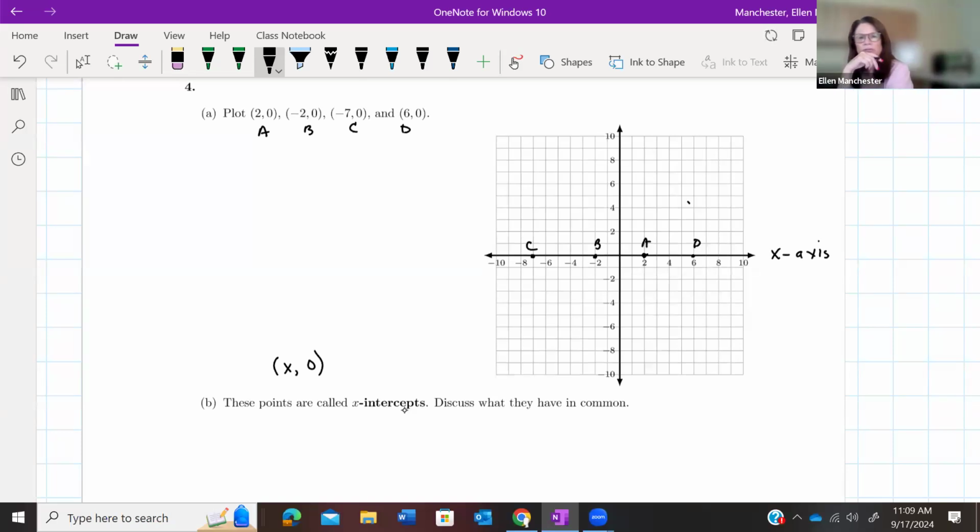Okay, so there's your x-intercepts. And again, what do they have in common? All of their y values are zeros. Okay, so there's your A, B, C, and D.